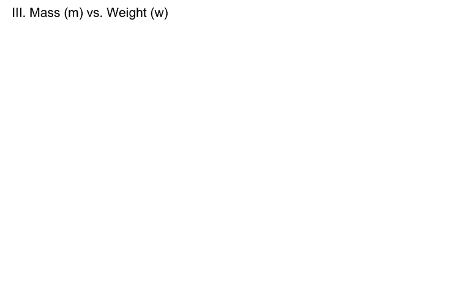All right, now I would like to distinguish with you the difference between the terms mass and weight. First of all, the definition of mass is the amount of matter within a substance, and the SI unit we use in physics for that is the kilogram.